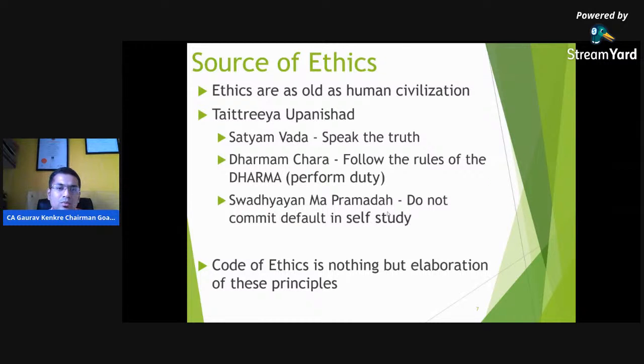So our dharma is to be a person on whom others can rely. We are those on whom various users of financial statements and audit reports rely. So we should keep our performance in our professional duties at such a high level that we are following our dharma and people can rely on us.